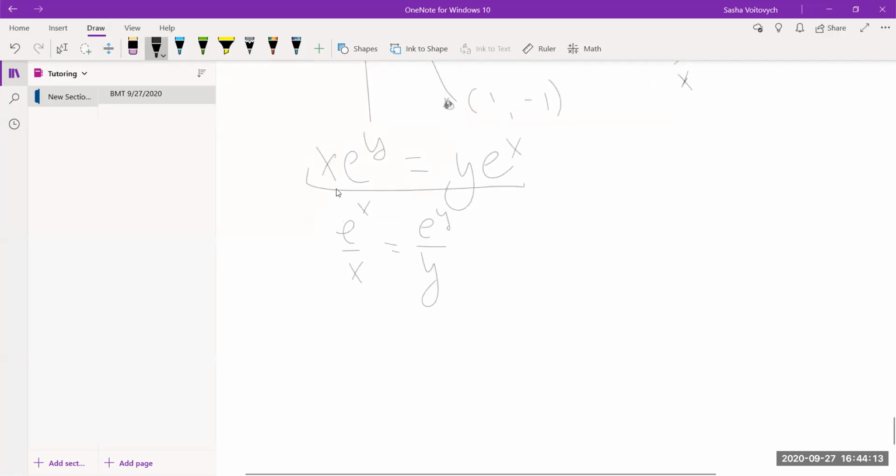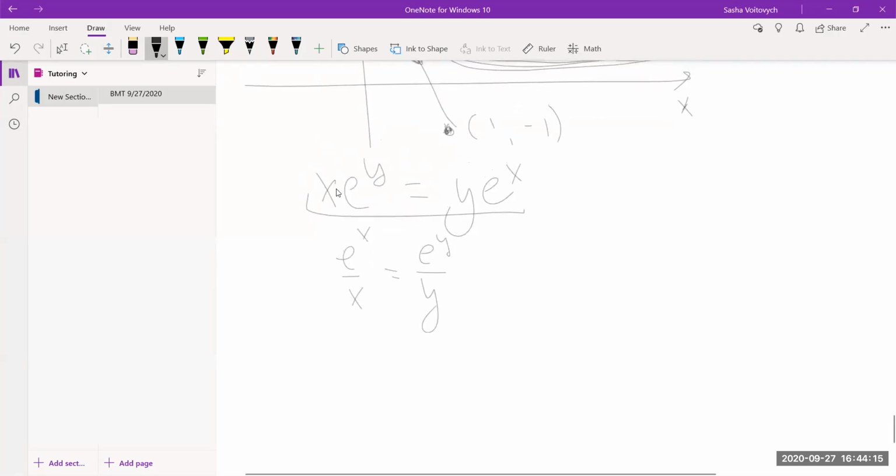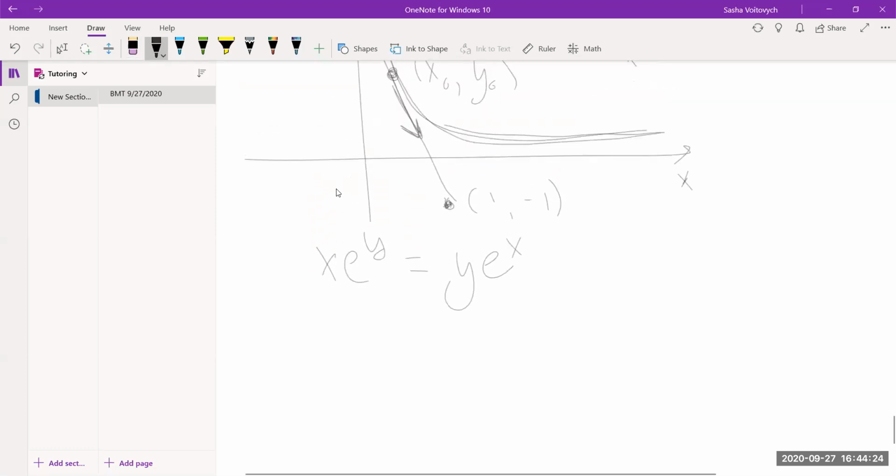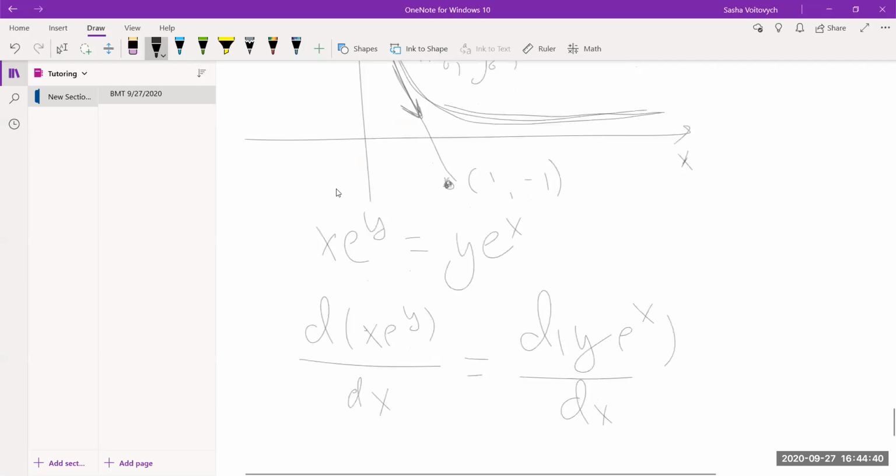So we just differentiate both parts of the equation by x. We get d of x e to the power y over dx equals d of y e to the power of x over dx.